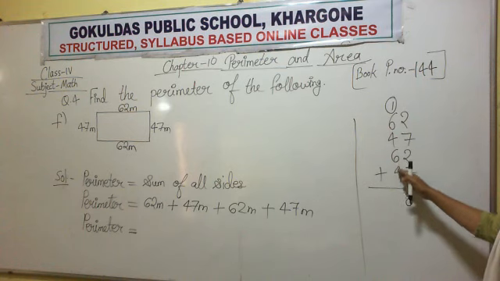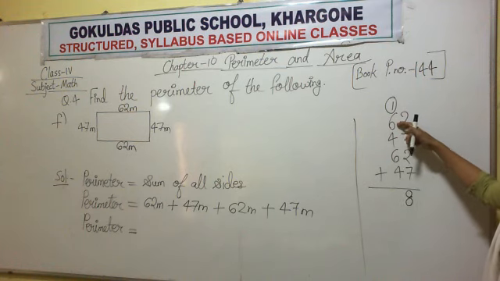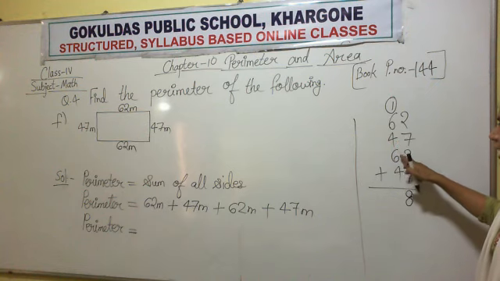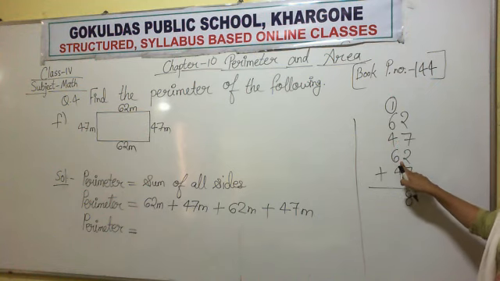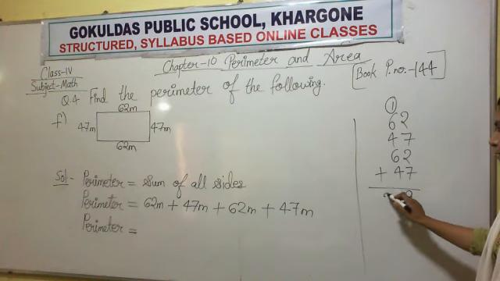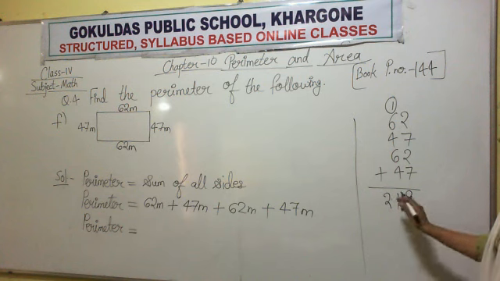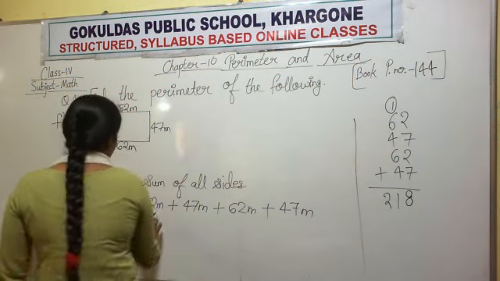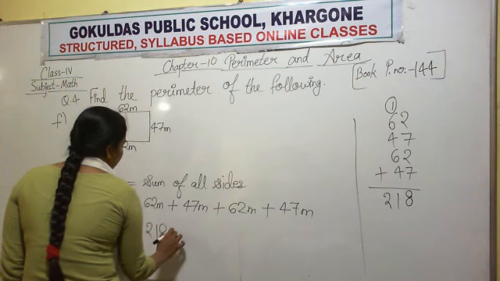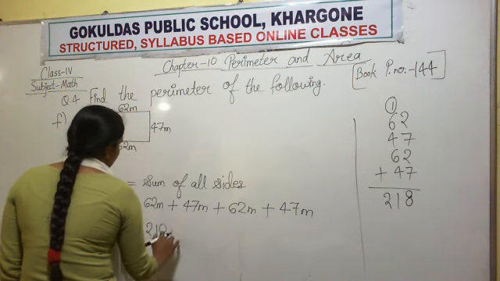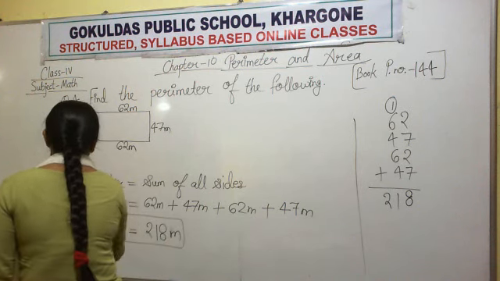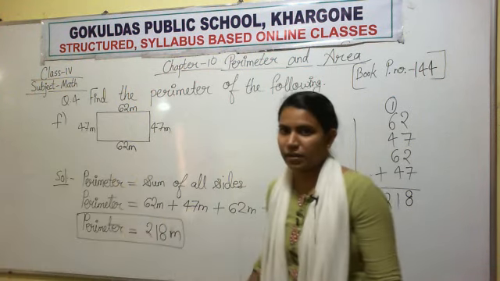Now add all the digits in the tens column. 1 plus 6 is 7, 7 plus 4 is 11, 11 plus 6 is 17, and 17 plus 4 is 21. So when we add all the sides, we get 218 meter as our perimeter.